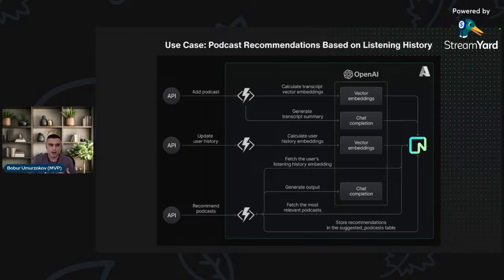Then we can refine our future recommendation algorithms for other recommendation systems, or we can even measure the performance of the recommendations, like engagement rate or average similarity score. Everything can be done in this suggested podcast table for statistics and analysis. That might be very useful.